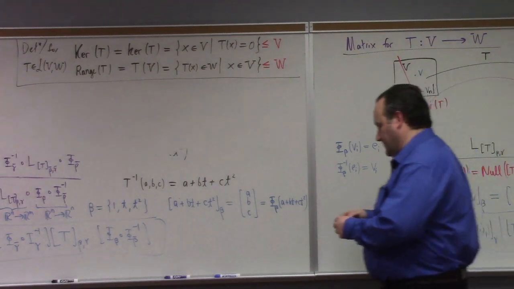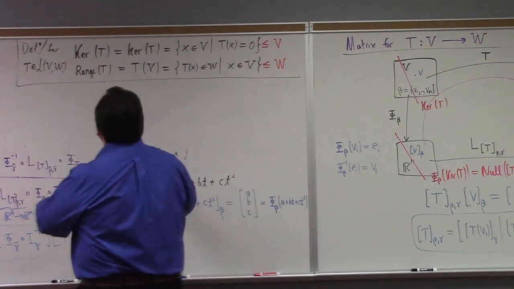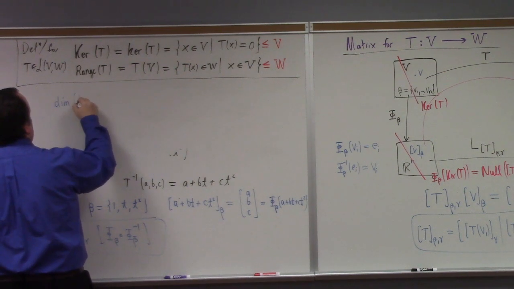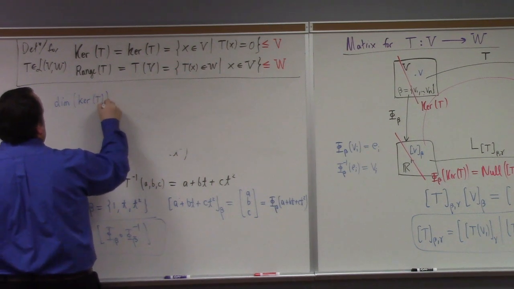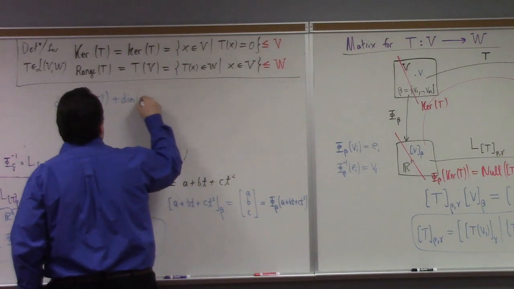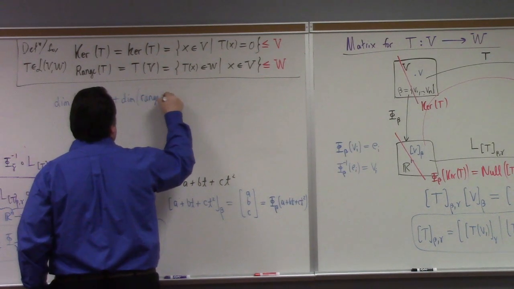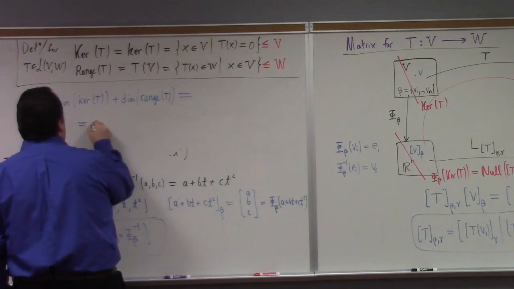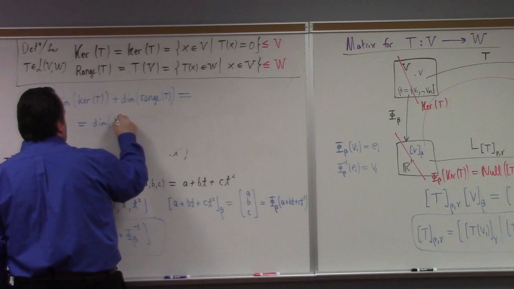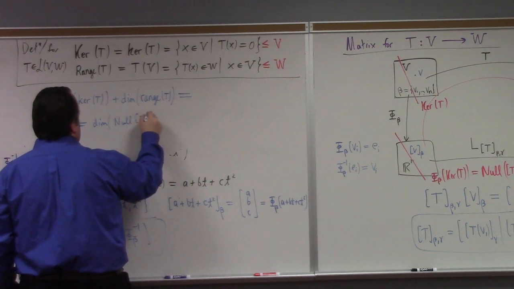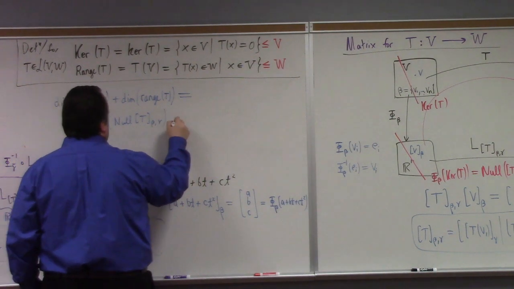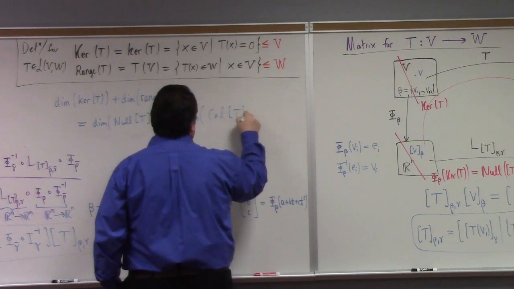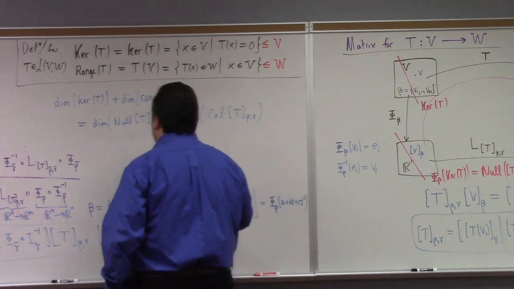So, check this out. The dimension of the kernel of T plus the dimension of the range of T is equal to what? The dimension of the null space of the matrix T beta gamma plus the dimension of the column space of the matrix T beta gamma, right?